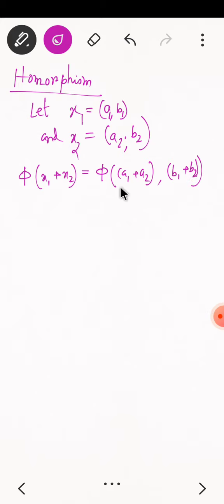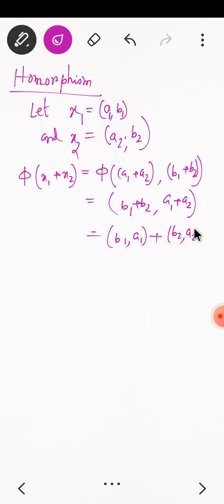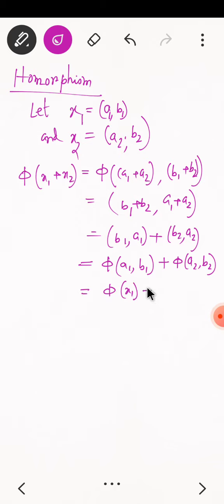This pair is mapped to the point (b1 plus b2, a1 plus a2). This is equal to (b1, a1) plus (b2, a2), that is equal to phi of (a1, b1) plus phi of (a2, b2), that is equal to phi of x1 plus phi of x2. So phi is a homomorphism.